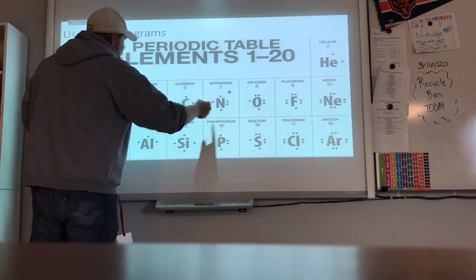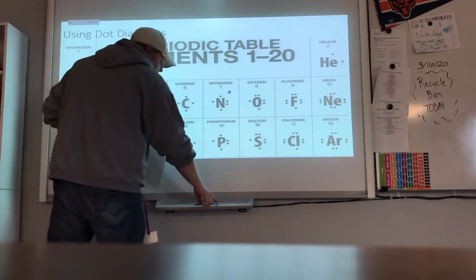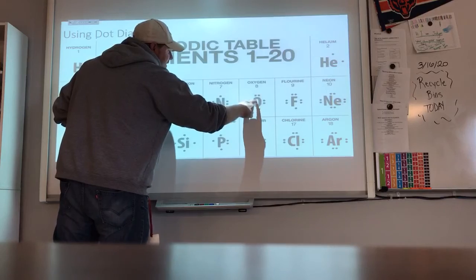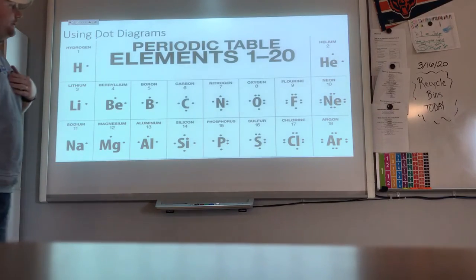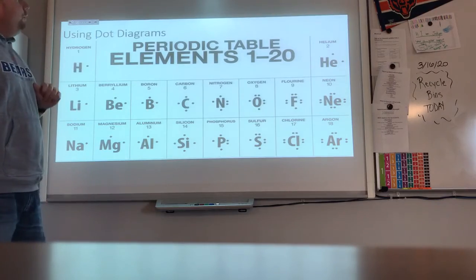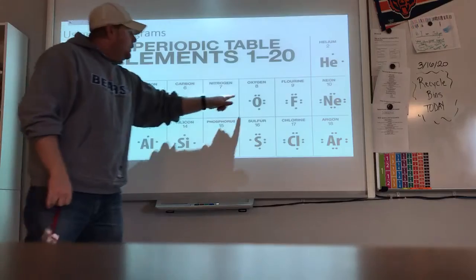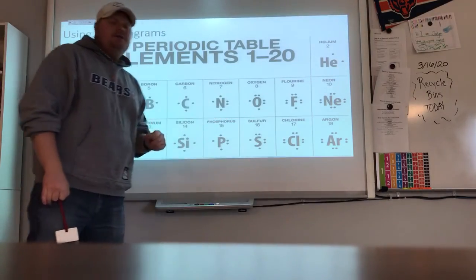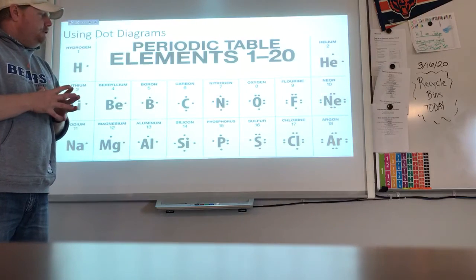There's 3 open spaces, so we put 3 hydrogens with that, and we'd have that match. Now, there's something else you might be a little bit familiar with. Oxygen matches with hydrogen. There's 2 open spaces. This has 6 outer electrons, this has 1. If I put 2 hydrogens there, we come up with something called H2O. Maybe you're familiar with it.